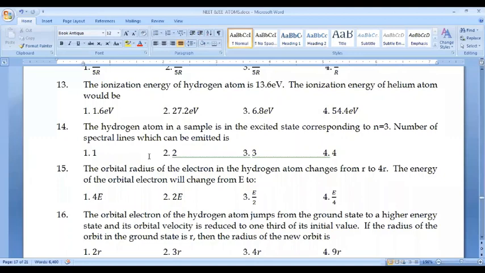The ionization energy of a helium atom would be? That is the only question.